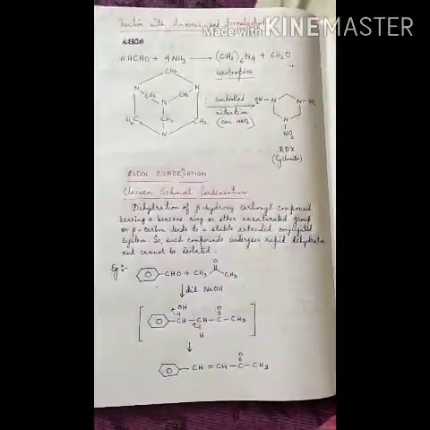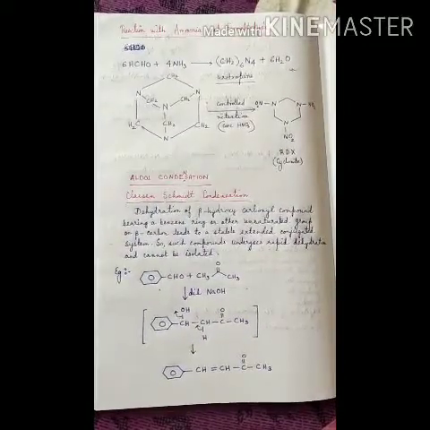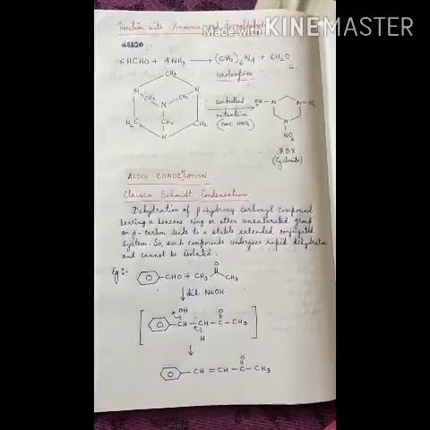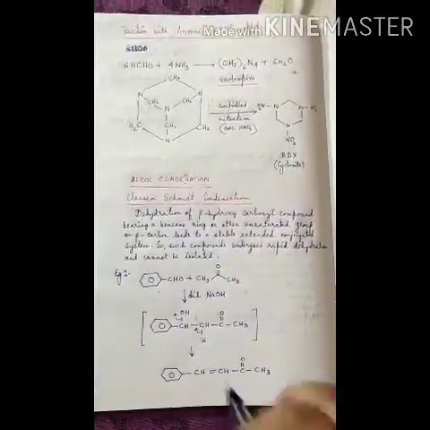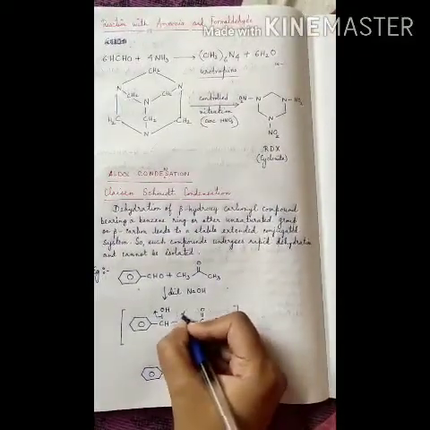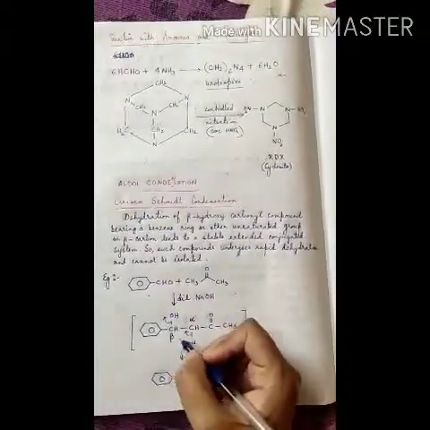Now under the topic aldol condensation, one name reaction is there, the Claisen-Schmidt condensation. This is a type of aldol condensation, but here after the formation of this aldol we can see that on the beta position there is a hydroxy group, a beta hydroxy carbonyl compound.